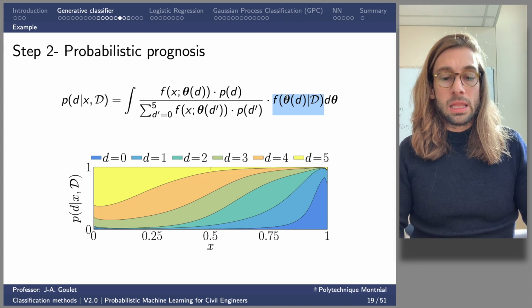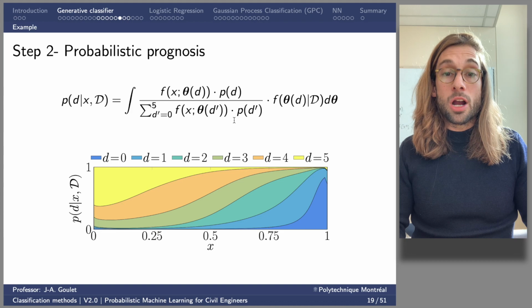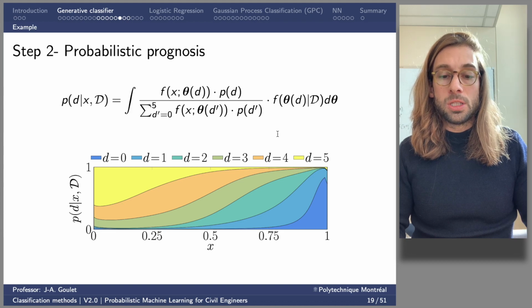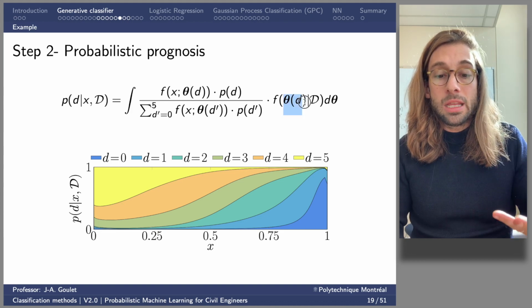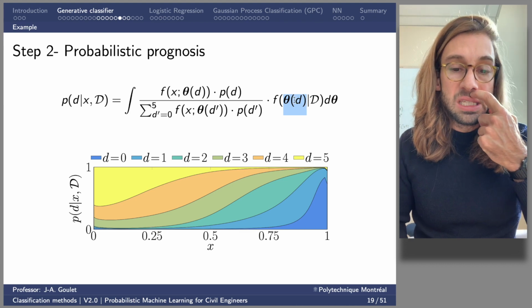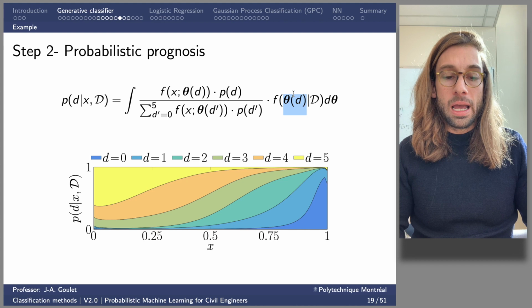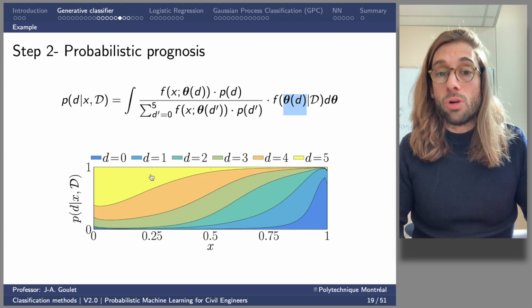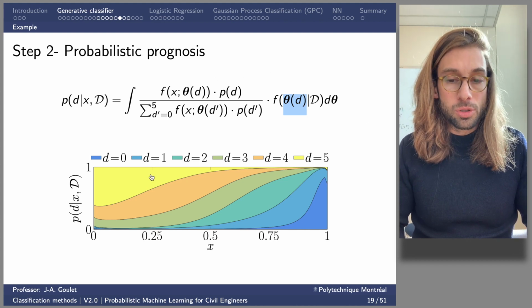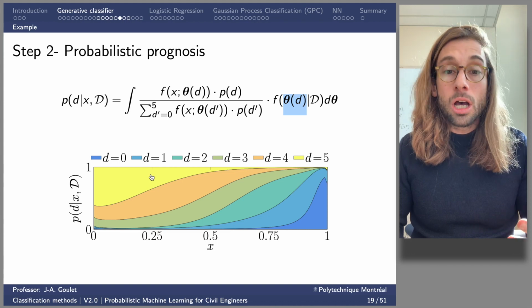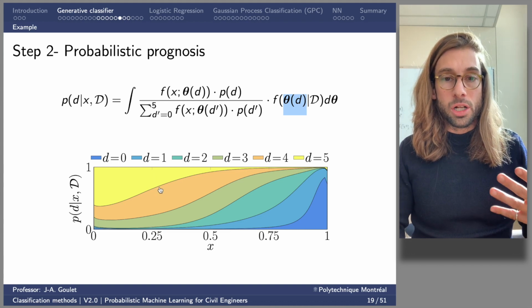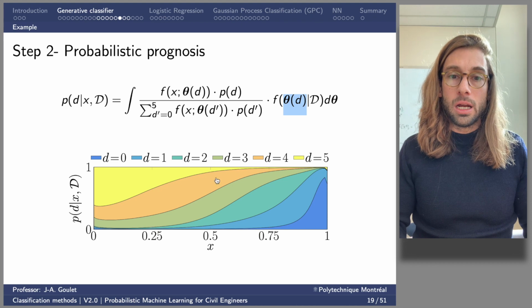Again, this integral marginalizes my uncertainty on my posterior parameter value. Since I obtained that posterior through MCMC samples, I can easily marginalize this uncertainty by averaging my samples. And the outcome of this marginalization is this plot here, okay?